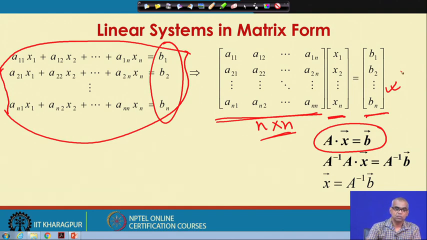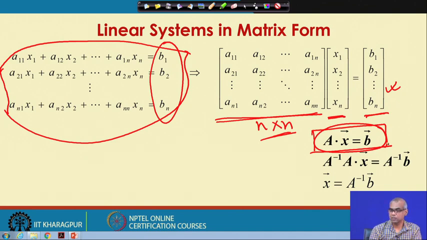Now, these n linear equations in n variables can be compactly written in matrix notation as A x equal to B. So, this equation allows us to solve for x also.